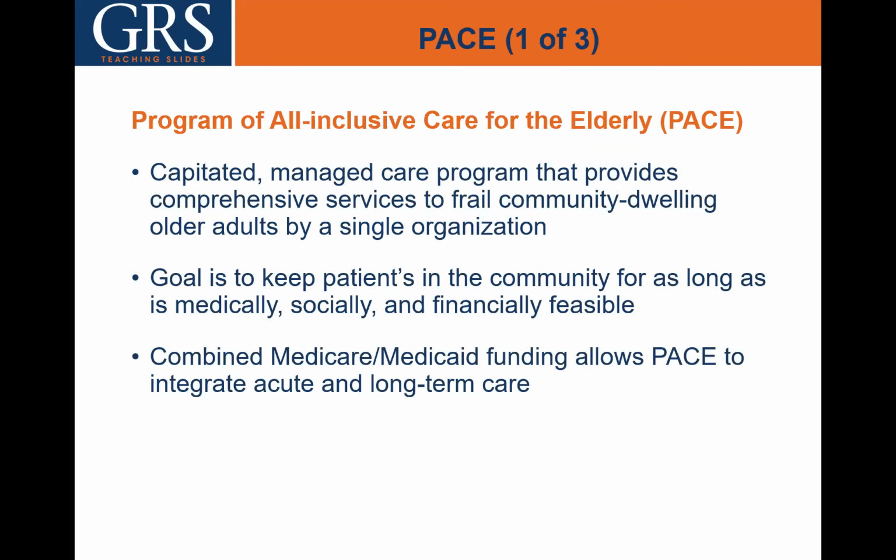So here's another system, which is called the Program of All-Inclusive Care for the Elderly, aka the PACE system. Its goal is to keep patients in the community for as long as it is medically, socially, and financially feasible. Combined Medicare and Medicaid funding allows PACE to integrate acute and long-term care.